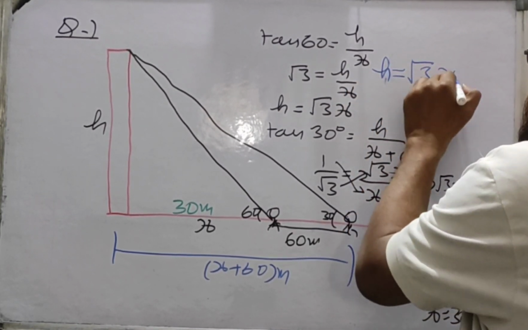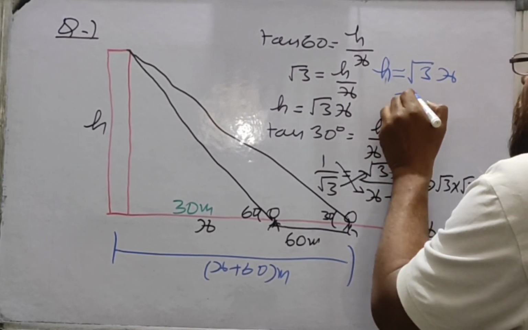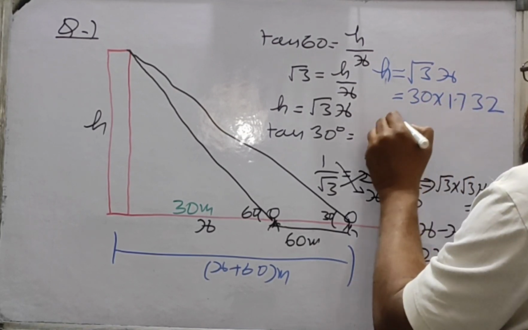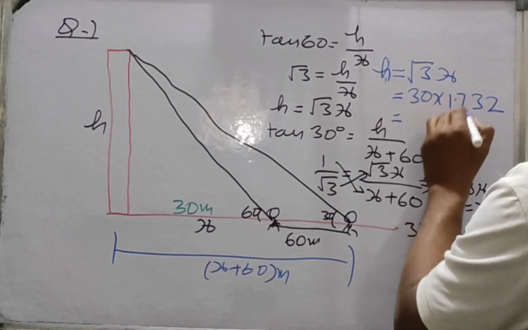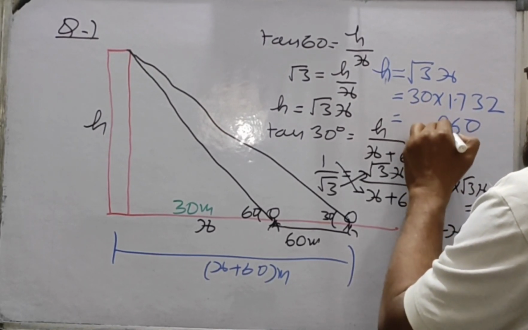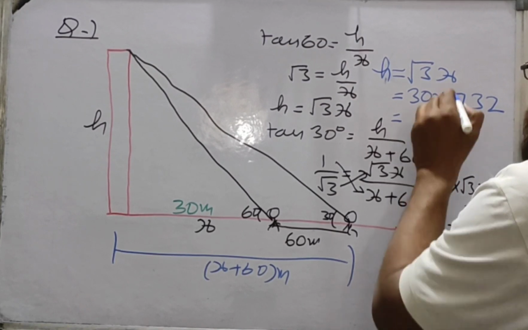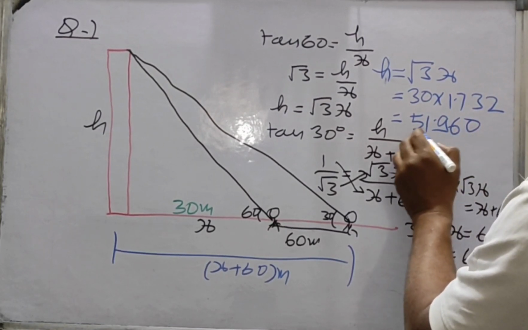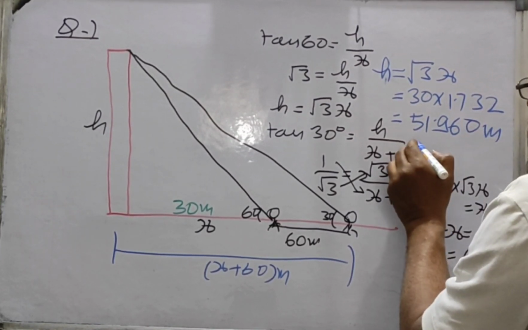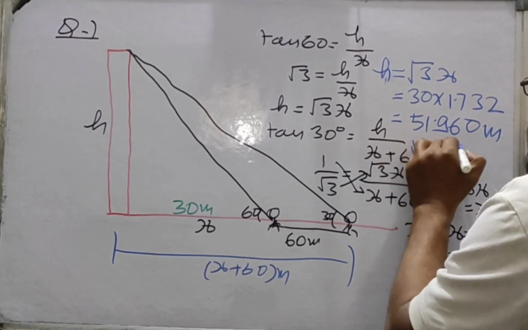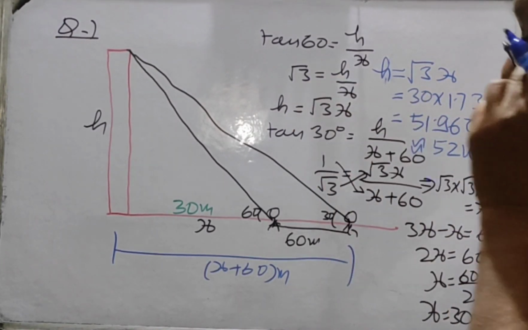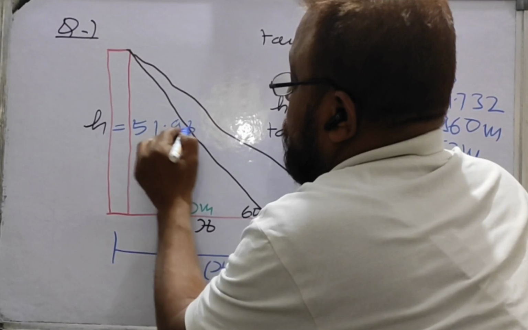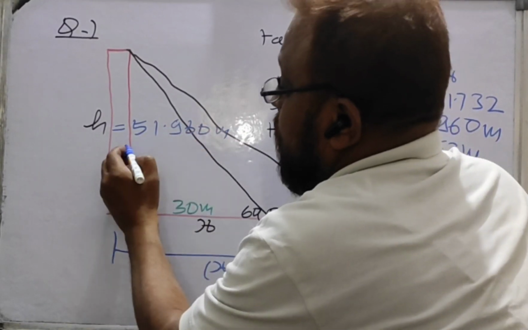So x is 30 into 1.732. 3 twos are 6, 3 threes are 9, 3 sevens are 21, so it is 51.96 meters. Approximately 52 meters is the height of the building.